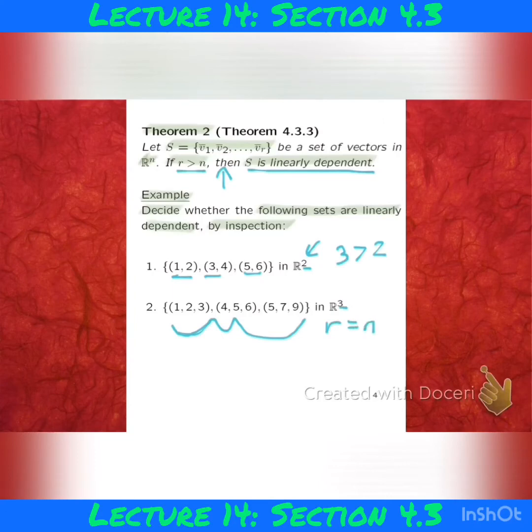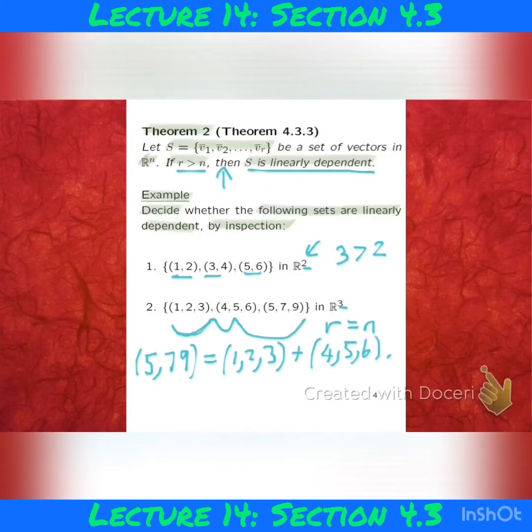So we need to find some other way to check whether this is linearly dependent or independent. But you can quickly see by inspection that (5, 7, 9) you can write as (1, 2, 3) plus the vector (4, 5, 6).